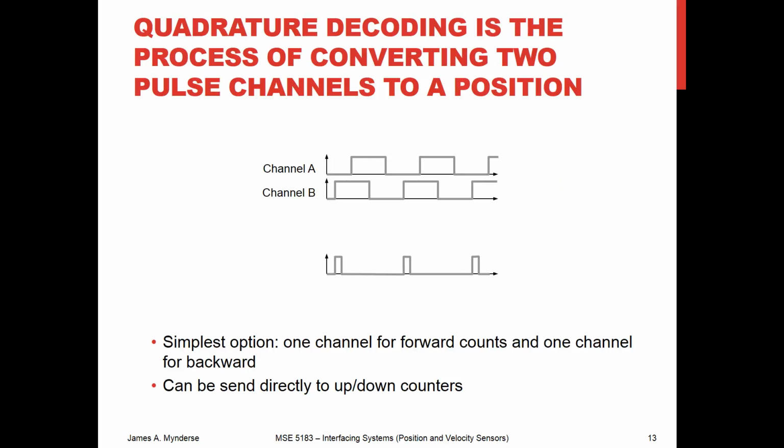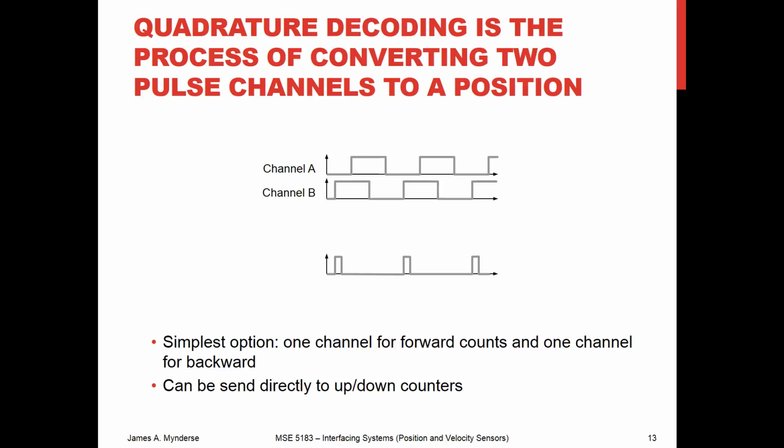So when we've got that quadrature signal, those two different channels that are 90 degrees out of phase, we want to be able to read that and count the pulses. And we've been talking about how do you count the pulses? That's great, but how do you choose which channel to measure?